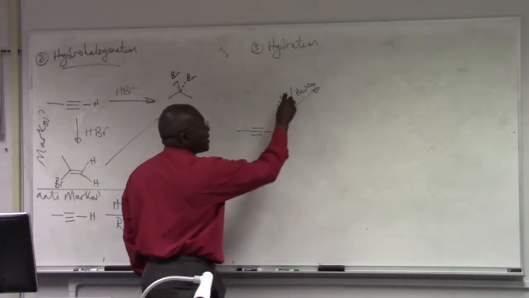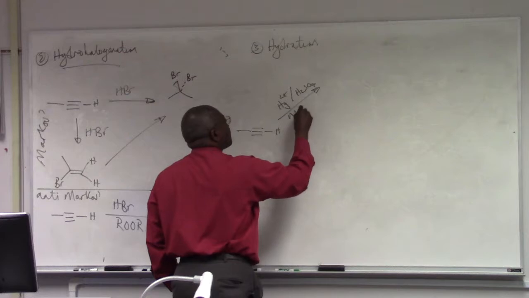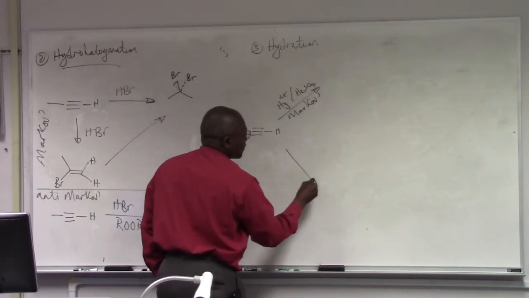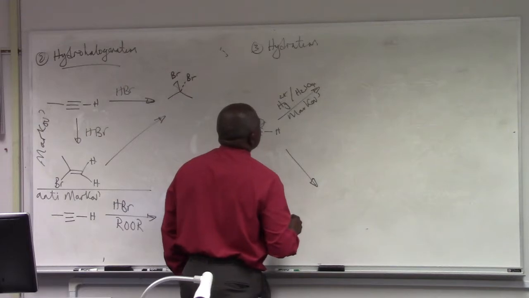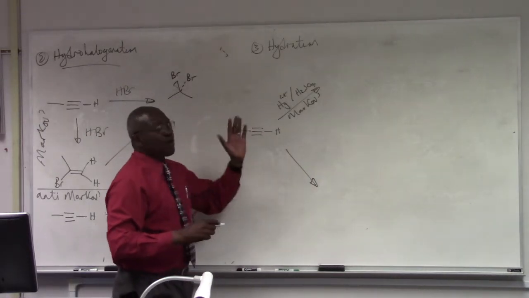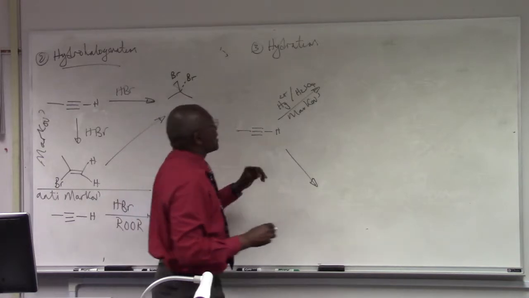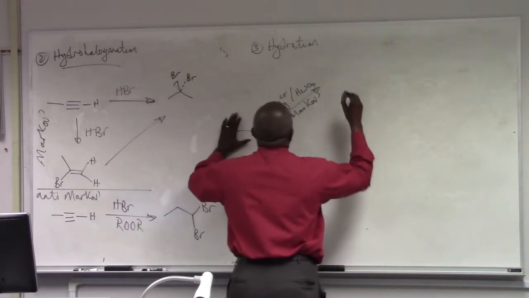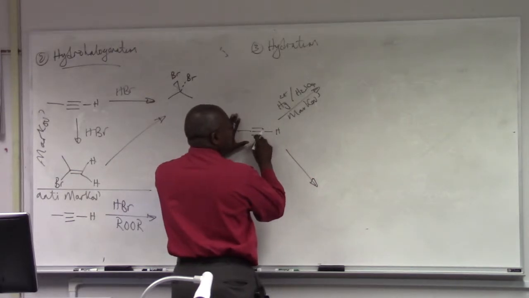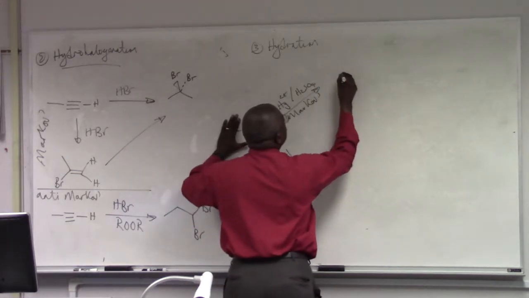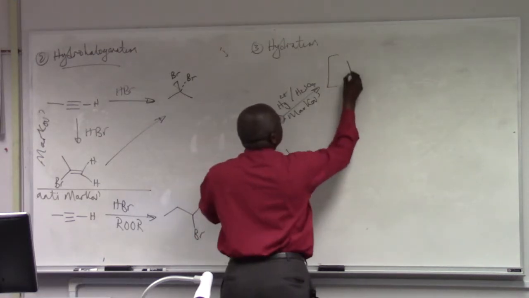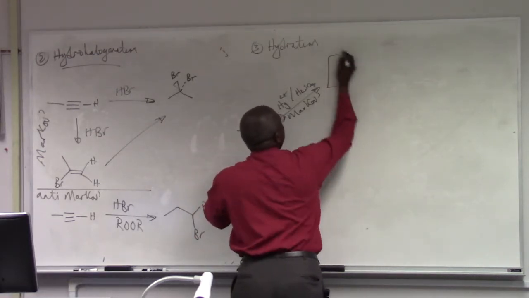I can do the same thing here. I can get Markovnikov, and I can get anti-Markovnikov. So if I use mercury 2+ in sulfuric acid, I'm going to get Markovnikov hydration. Now, here's the thing. When I add H2O across the alkyne in a Markovnikov fashion, what that will give me is H on this carbon and OH on the next carbon.